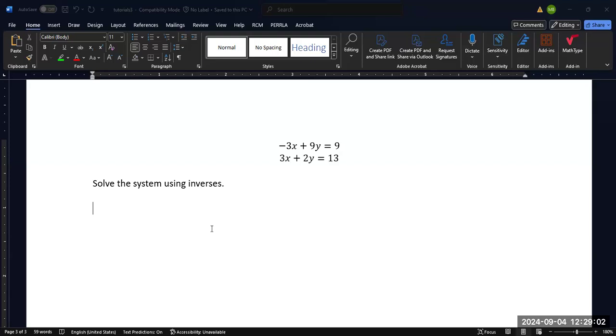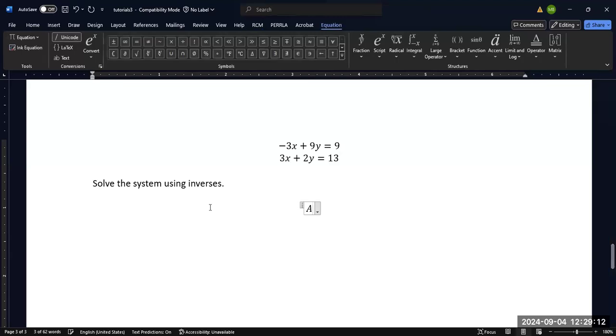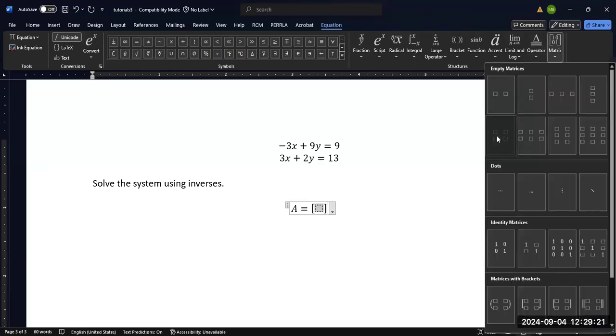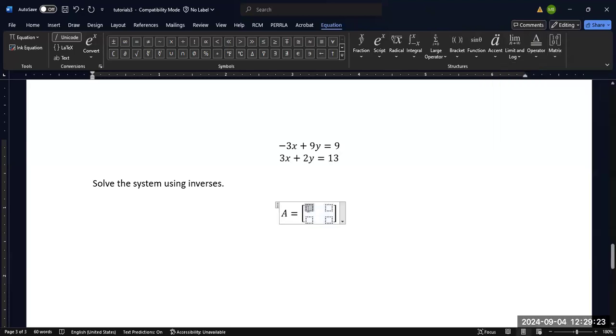Now, to solve the system here by using inverses, we're going to need to set up our matrices. So the first thing to keep in mind is our A matrix is going to be our coefficient matrix from the left side of our system. So that's going to be -3, 9, 3, and 2.